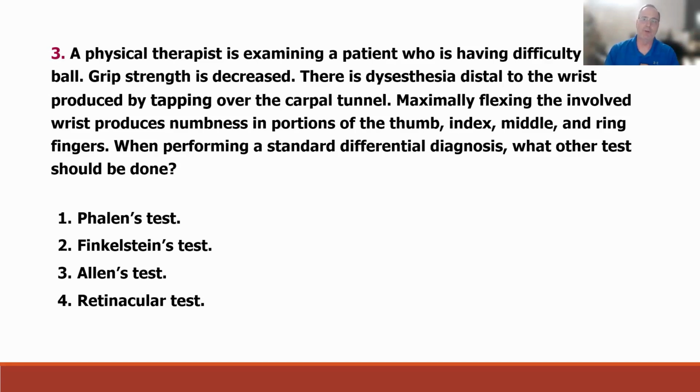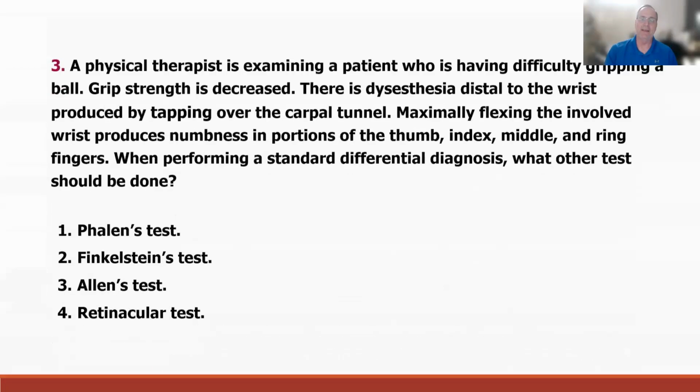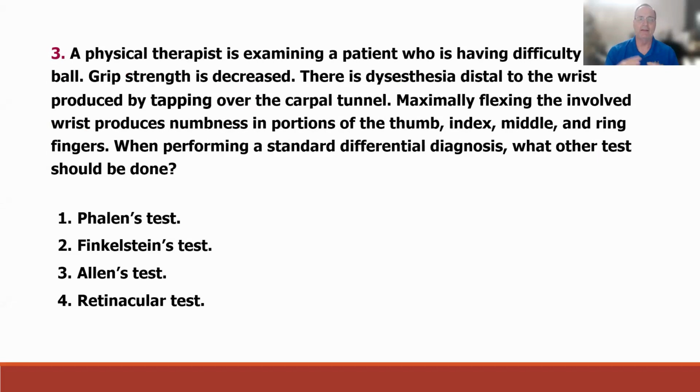So it says when performing a standard differential diagnosis, which other tests should be done? Again, for those of y'all that have attended our course, you've seen this question before. Let me run through the rest of the answers. So Phelan's has already been done. Finkelstein's would of course be for De Quervain's tenosynovitis. Allen's test, and what I hear a lot of students say is that Allen's test is done for thoracic outlet syndrome.